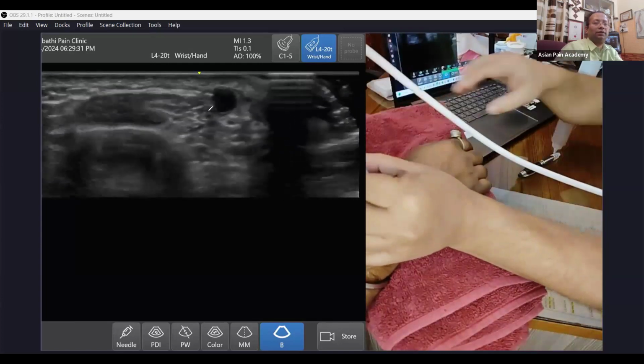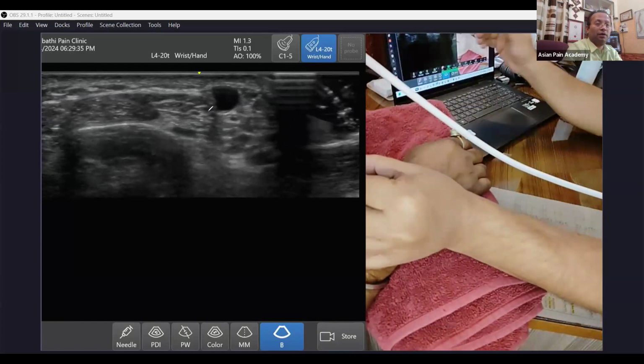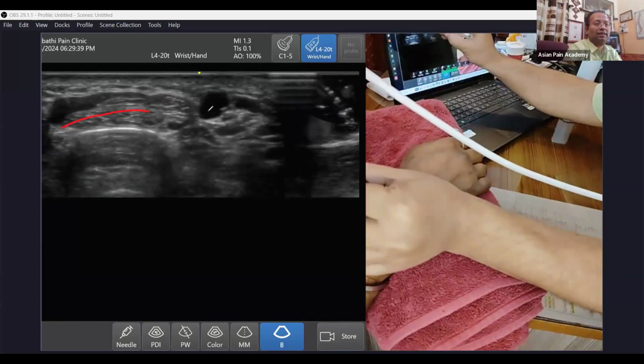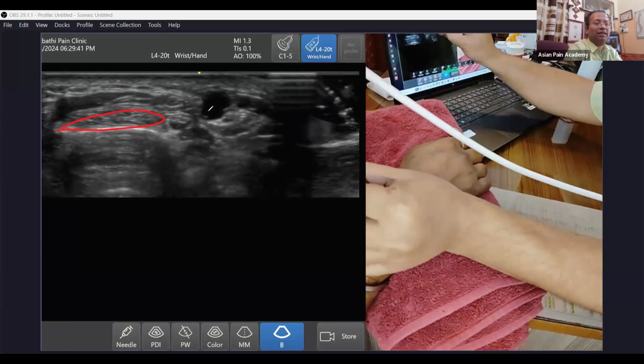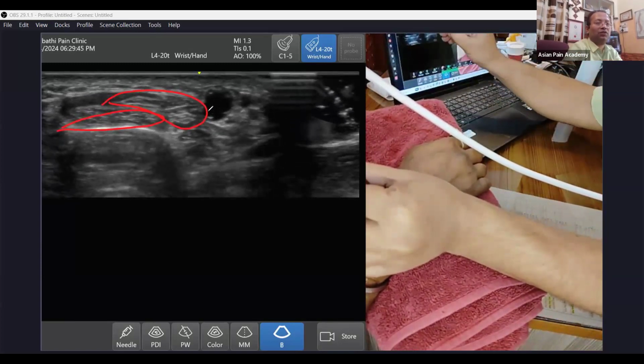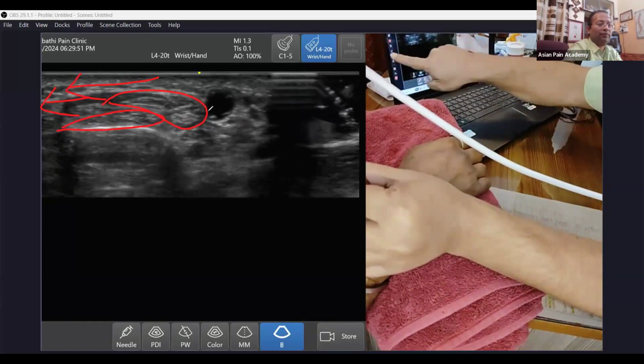Okay, I think it is very clear, but still. So this is the ECRL, ECRB, and this is compartment number 1. Gradually, it will pass from radial side to ulnar side, this side.